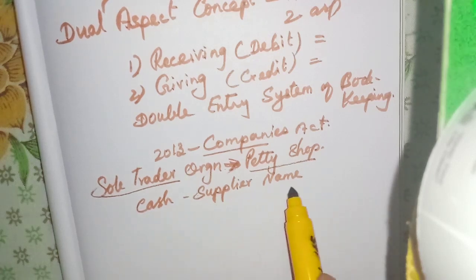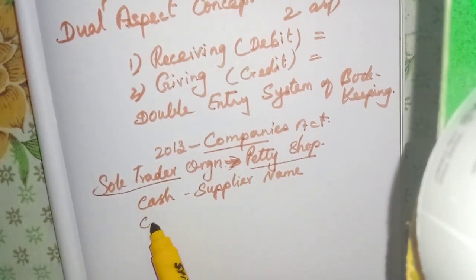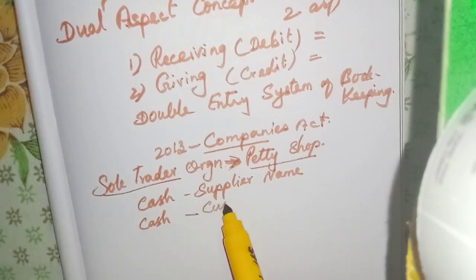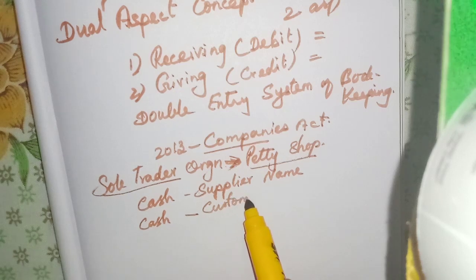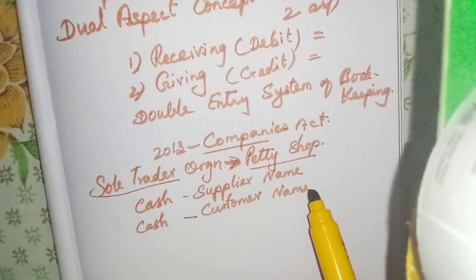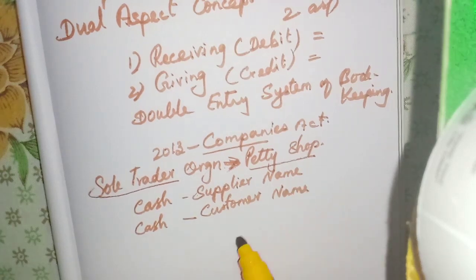If he sells for cash, he will enter that cash. He will not write the names of all the cash customers, no. If it is a credit sale, he will write the customer's name and the amount due from the customers.